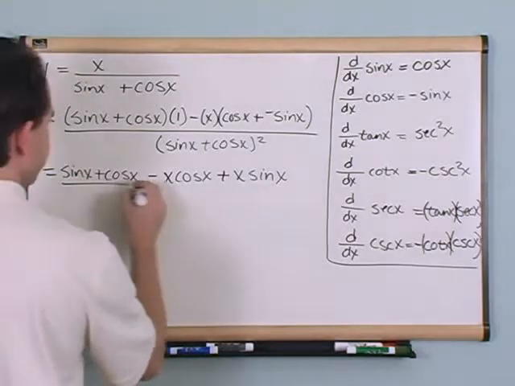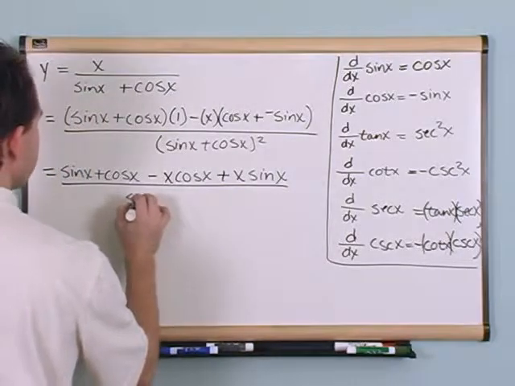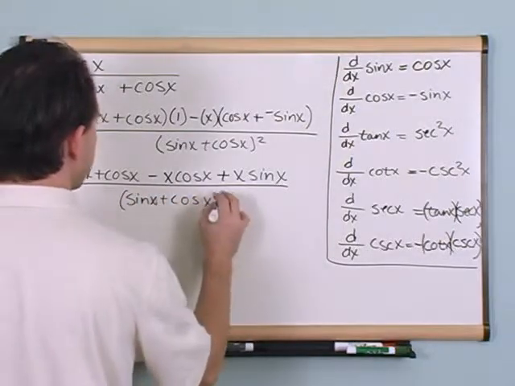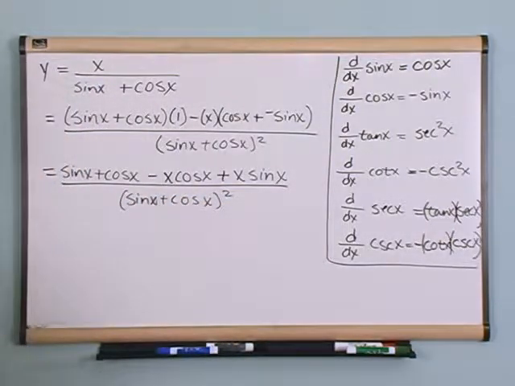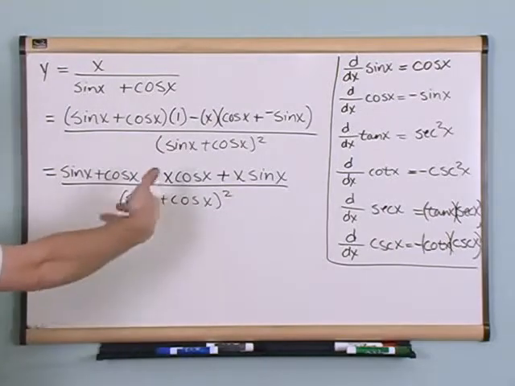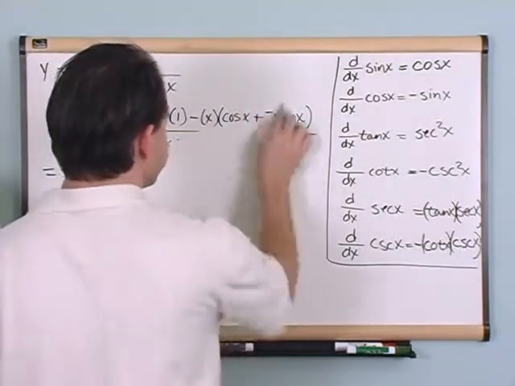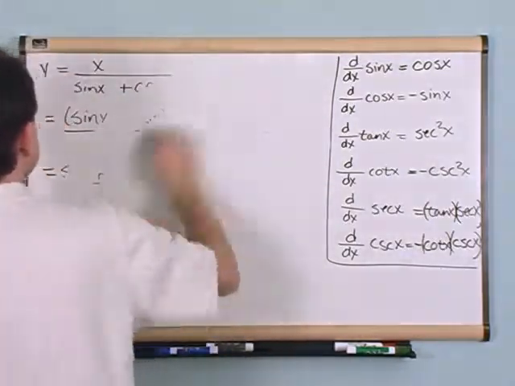And on the bottom, we're going to have sine x plus cosine x squared. Okay, and so that's basically the end of that problem. You could try to do some more simplification, pulling out sines and cosines, and you could cancel a little bit of the denominator, but you're not going to be able to cancel the whole thing. So this is about as simplified as it gets for this guy.